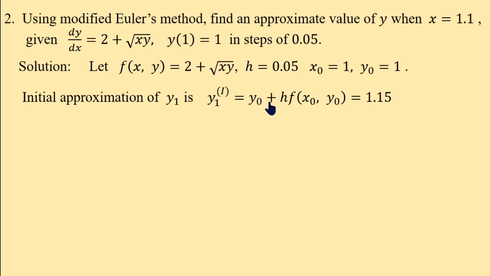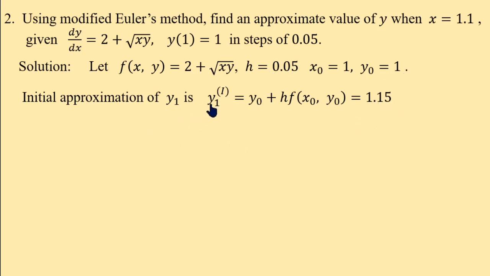Therefore, 1 plus 0.05 into (2 plus root 1), because x is 1, y is 1, f of 1 comma 1. Root 1 is 1, 2 plus 1 is 3, 3 into h, h is 0.05, 3 into 0.05 is 0.15, plus y naught, that is 1, so 1.15.